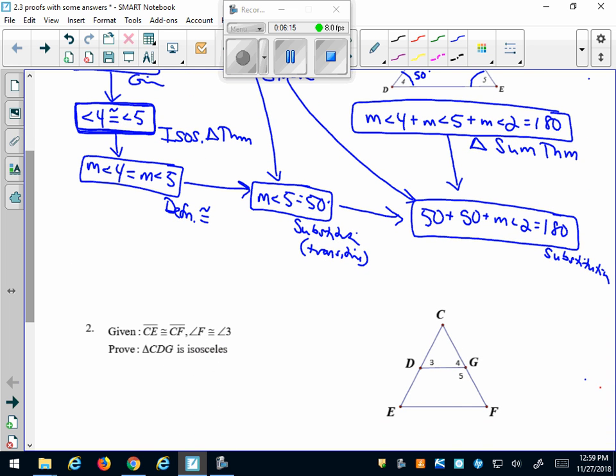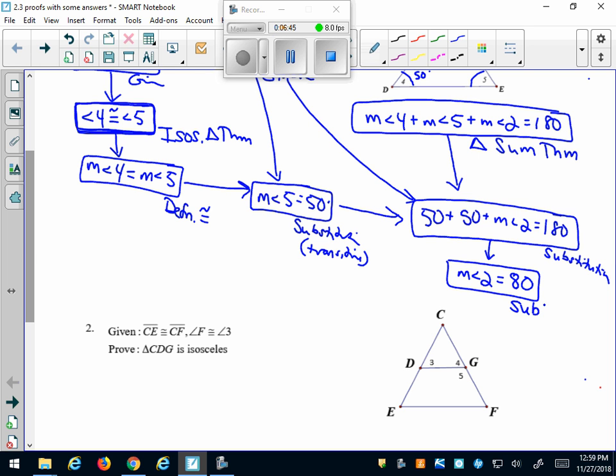Now, you could do this in 2 steps, or you could do it in 1. The 2 steps might be adding the 50 and 50 together, where you get 100, right? So the next step could be 100 plus the measure of angle 2 equals 180. That would be combine like terms. But since you're subtracting it from both sides anyway, you really could just do it in 1 step. Because you're subtracting 50 and 50 from both sides.